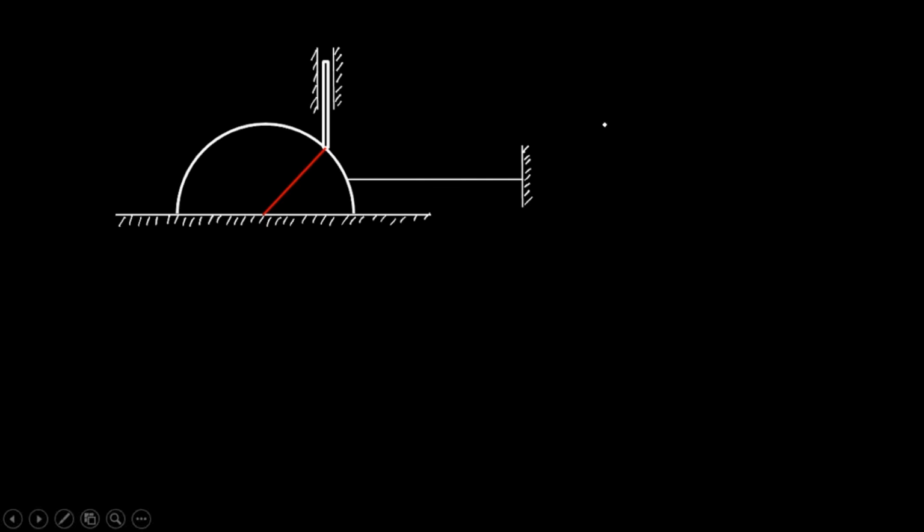Now, one part of the question is saying you have to find the tension T when the system is at rest and the string is still intact. So, very easy question. Let us say in this instant, the normal reaction is N. So, the hemisphere is applying N force on the rod end and the rod is applying N force on the hemisphere. Everything is at rest.